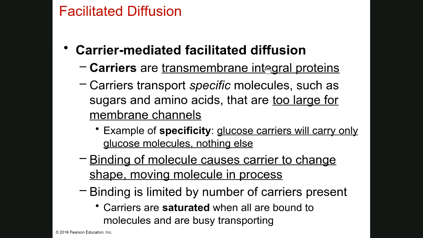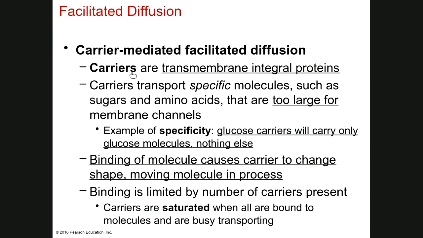Again, carriers are very specific for what they transport. They help assist molecules that maybe are too large to fit through other means. Maybe a molecule is too large to go through a channel. Channels are very narrow, usually accommodating really small items like ions. But for larger substances, you use a carrier.